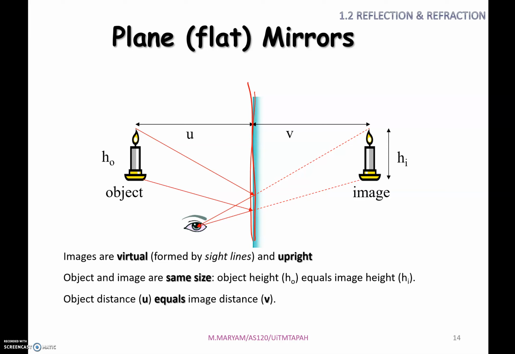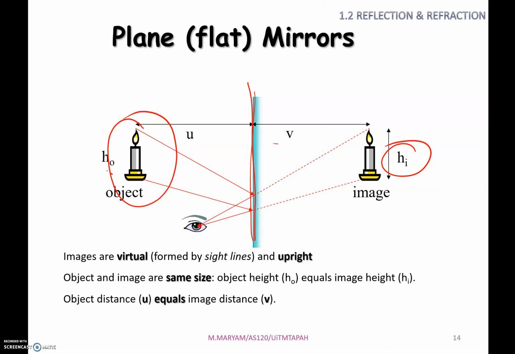For a plane mirror, the image is always the same size. For example, let's look at the candle here. Let's say the height of the candle is HO. Now, the image that you see on the mirror will be HI, which is also the same height as the object. And the object distance is also equivalent to the image distance. If you don't believe this, go and try. Stand in front of the mirror and walk backwards.